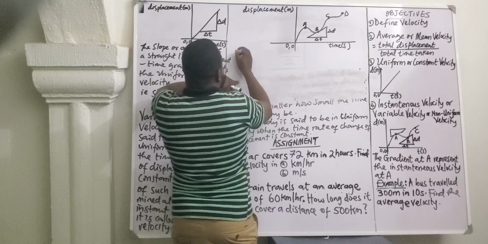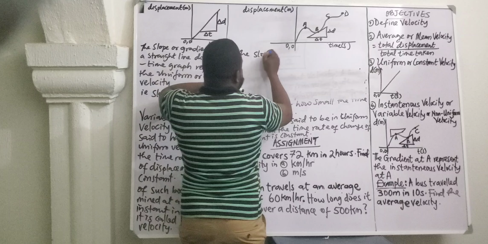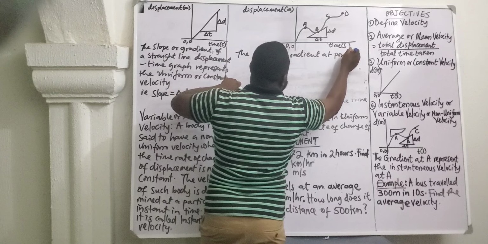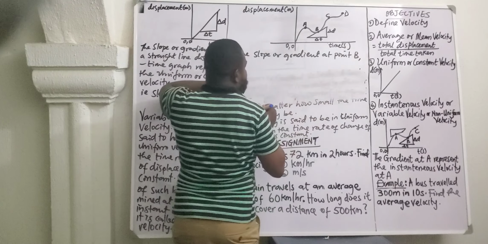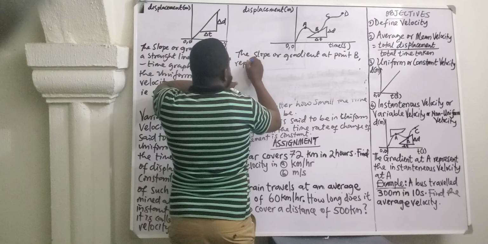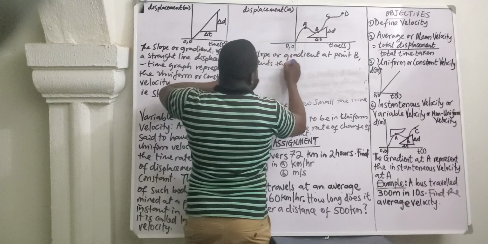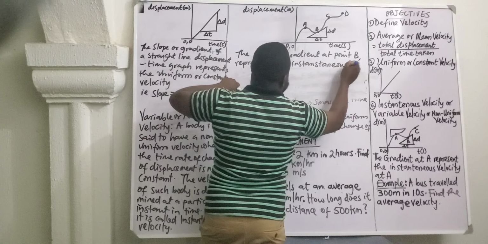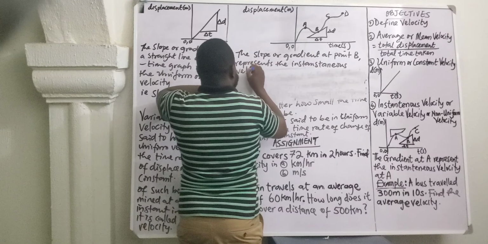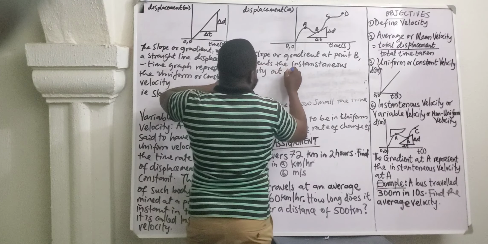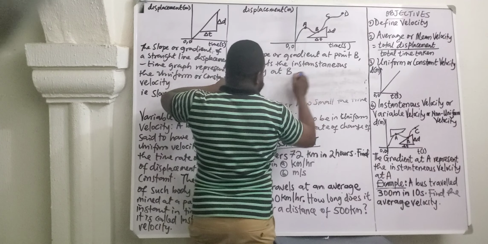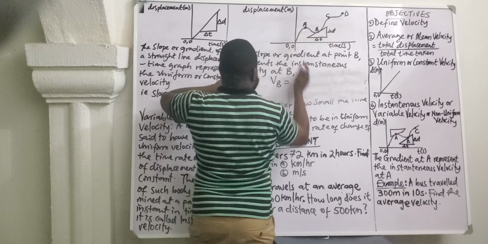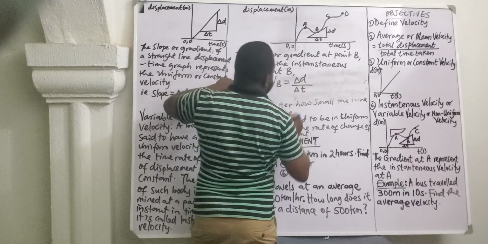So I said the slope or gradient at point B represents the instantaneous velocity at point B. That is by saying VB equals the change in the displacement axis divided by the change in the time axis.